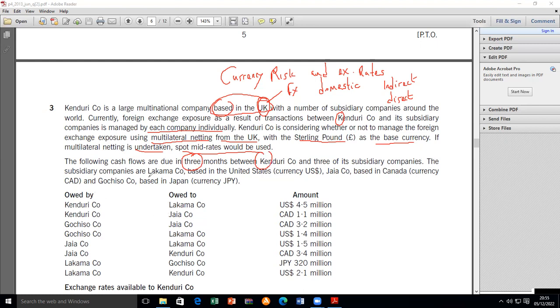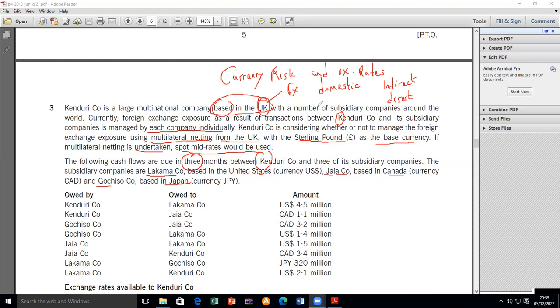The subsidiary companies are L, based in the United States, J, based in Canada, and G, based in Japan. So these are the 3 subsidiaries. But for the purpose of our question, they want us to look at the transaction between K and L, and also involving dollars.